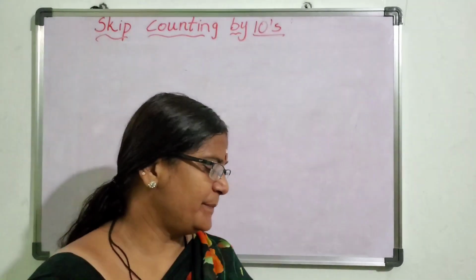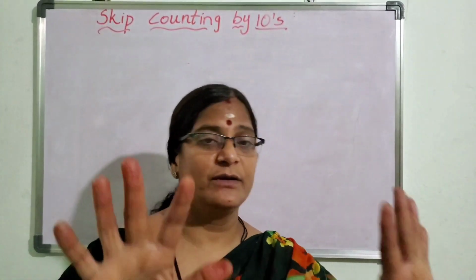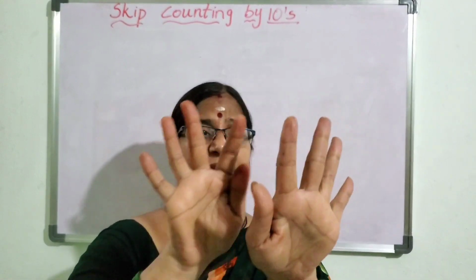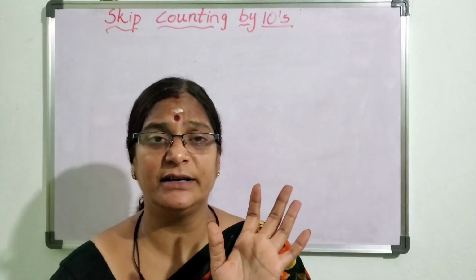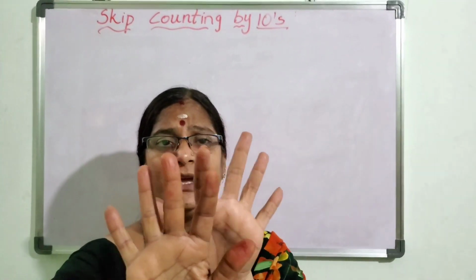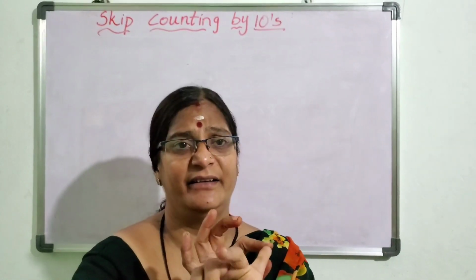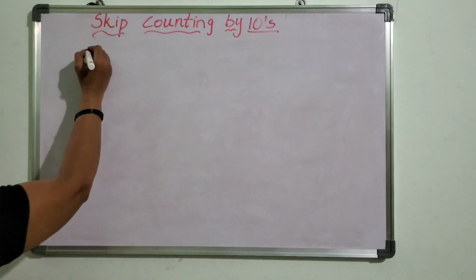Now skip counting by tens means, so see here, you have already learned the turning points: 10, 20, 30, those are skip counting by tens. 1, 2, 3, 4, 5, 6, 7, 8, 9, 10.